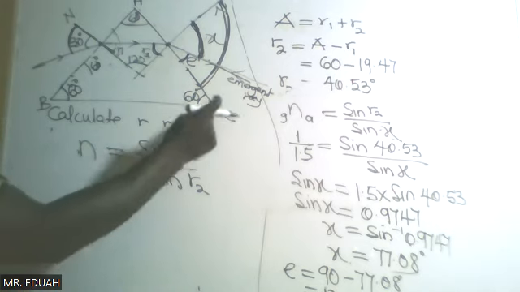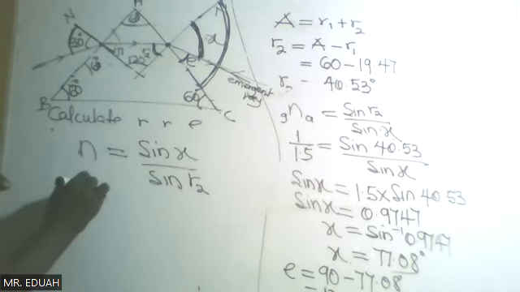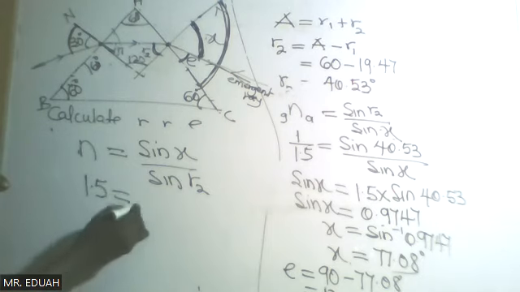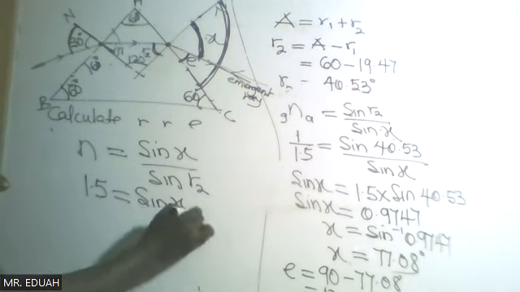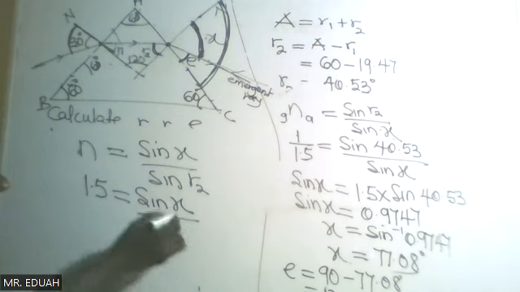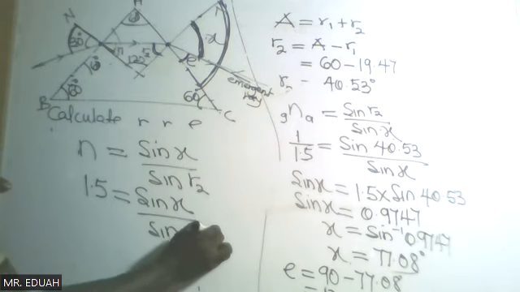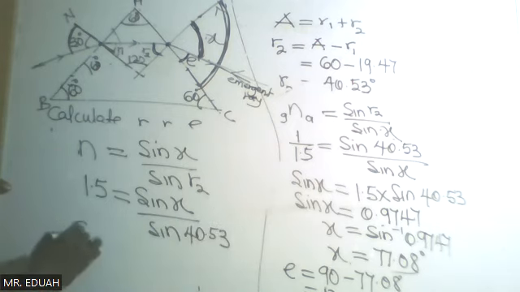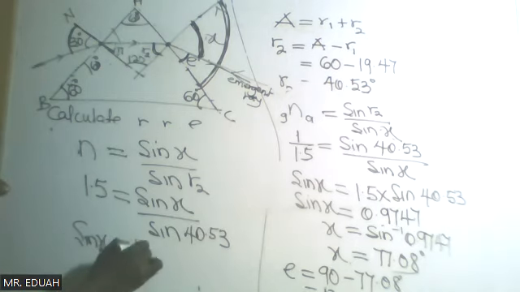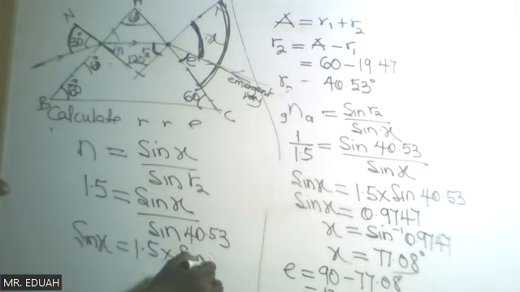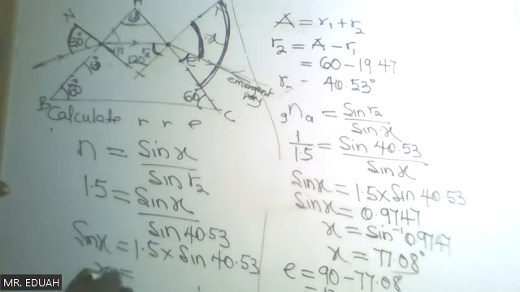So the refractive index air to glass, still 1.5, is equal to sine x over sine R2, which we found to be 40.53. Therefore, sine x is 1.5 times sine 40.53, and x would give us the same value, 77.08. Hilda, confirm it for us.